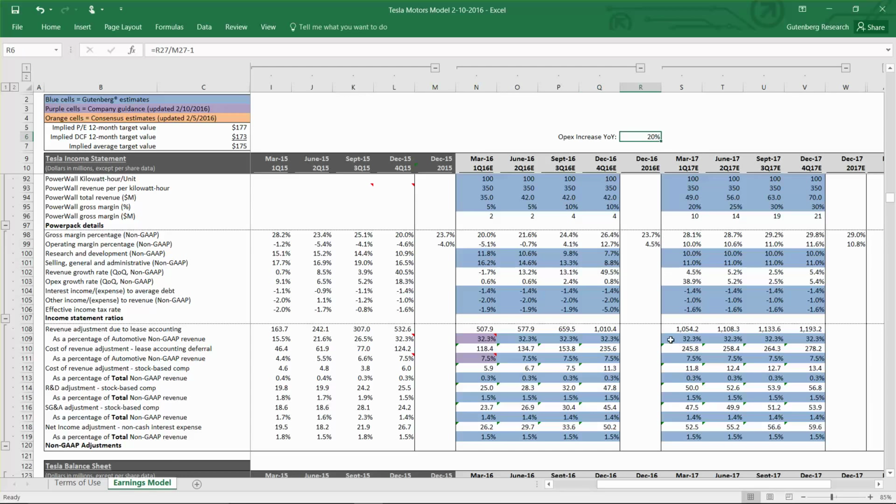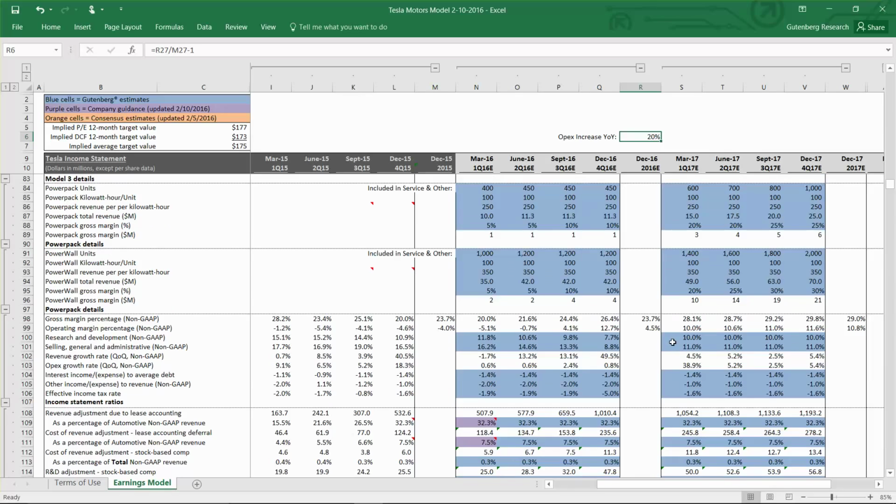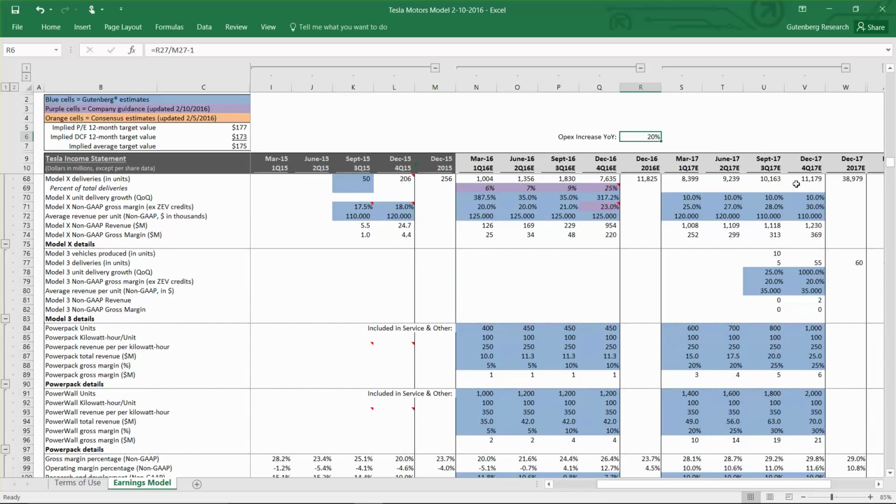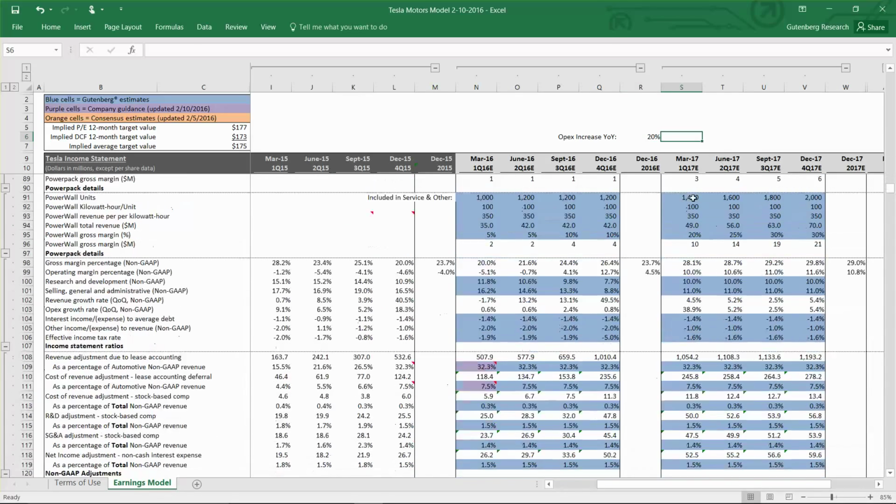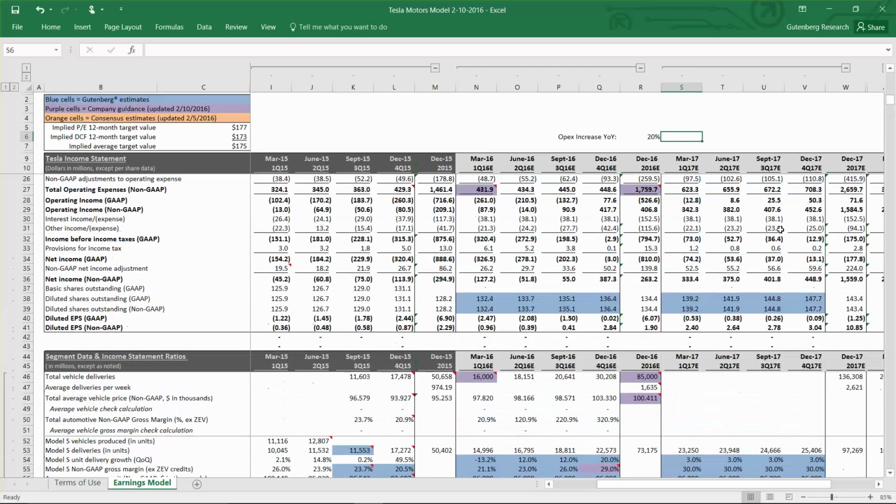So once we put those factors in, we can take a look at what our new EPS is. If we scroll to the bottom of the income statement, you can see we were valuing shares based on a December 2016 EPS. Prior to the release, we had estimated $1.54 of EPS for the full year.